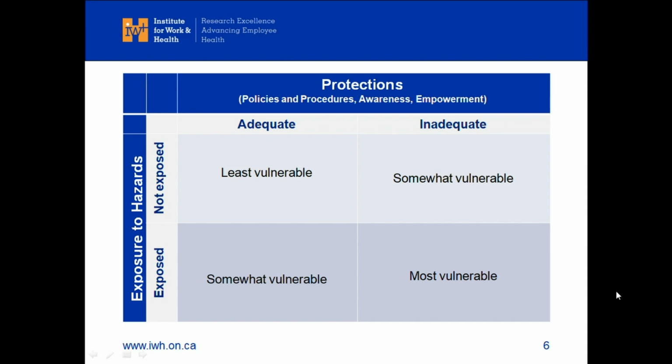Do they have adequate awareness or adequate empowerment? Using these two dimensions, exposure to hazards and protections, we identify the most vulnerable workers. Those are workers who are exposed to hazards on a day-to-day basis in their workplace and don't have the protections in place to mitigate the effects of those hazards.